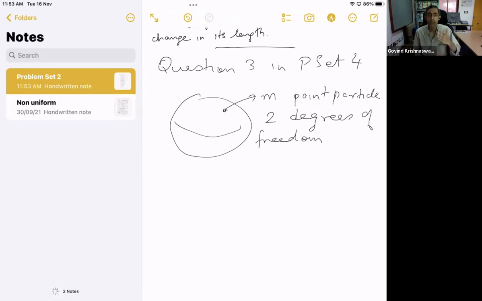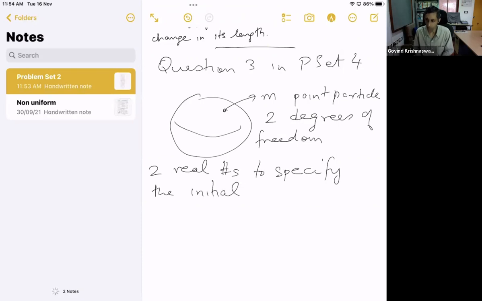Any particle moving on a surface, doesn't have to be a sphere, could be the surface of my palm. Any surface has 2 degrees of freedom. It could be a hyperboloid, could be an ellipsoid surface, doesn't matter. You need two real numbers to specify the initial or even instantaneous initial location of the particle.